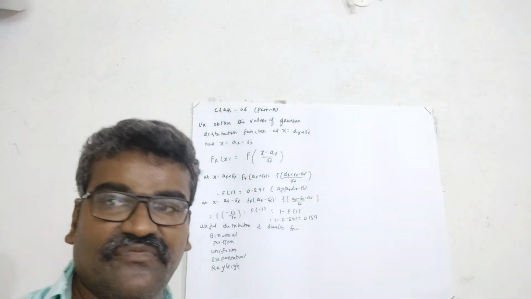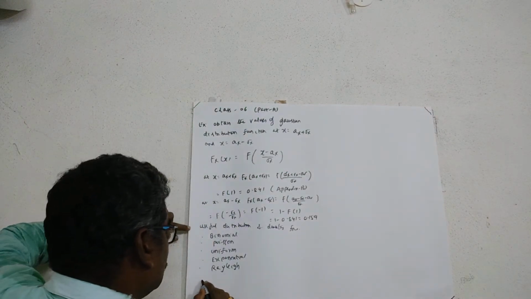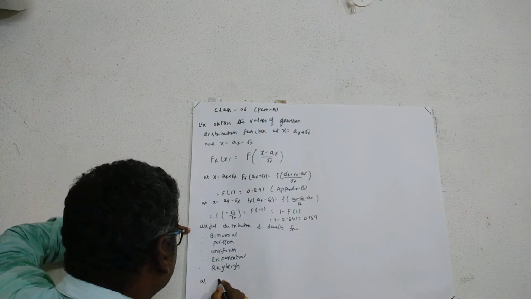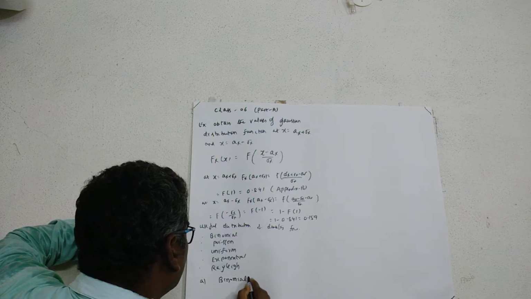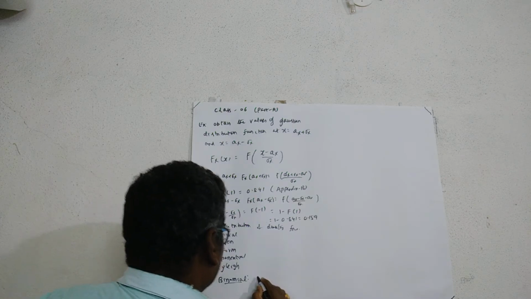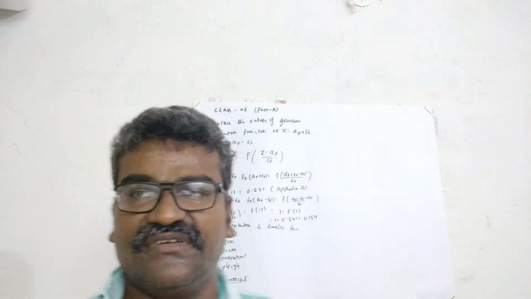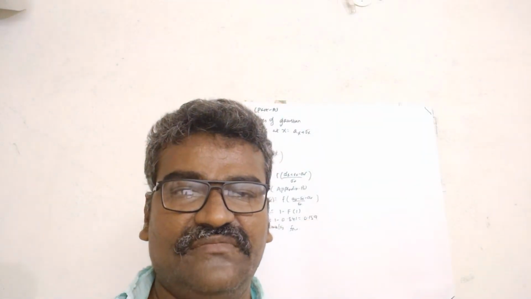Now let us start with the binomial function. For the binomial function, given a random variable x, here we are dealing with only a single random variable in this context.